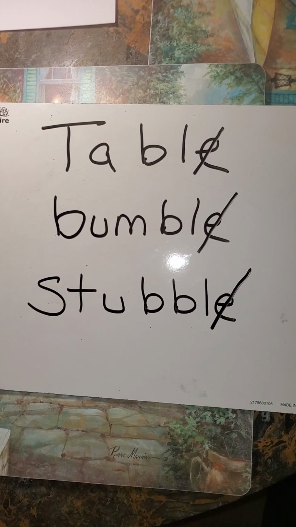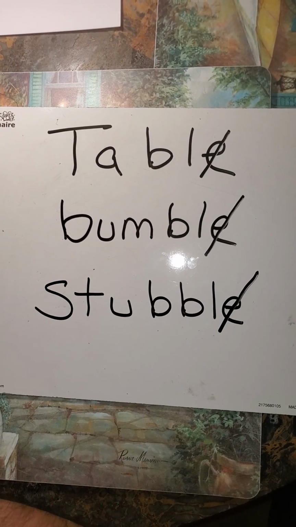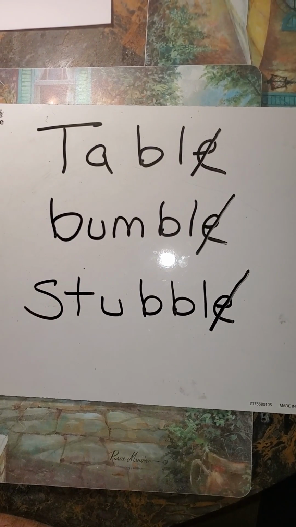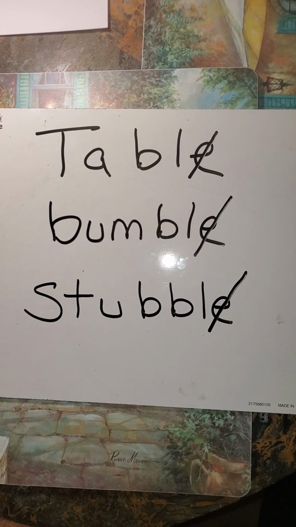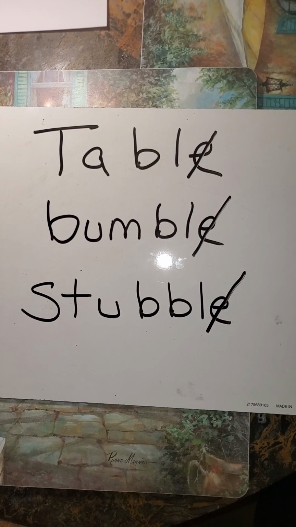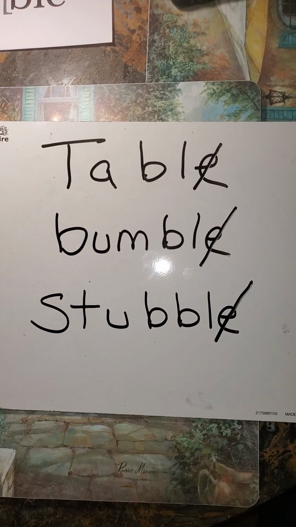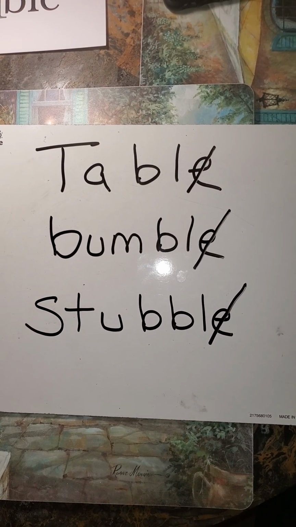The vowel sound we hear in the final stable syllable is the schwa sound. This is the sound that you hear between the B and the L sound.